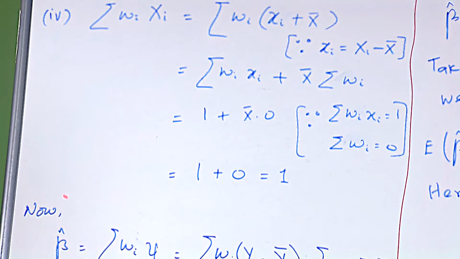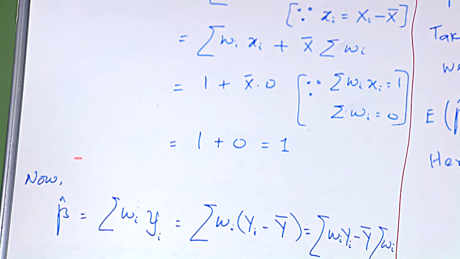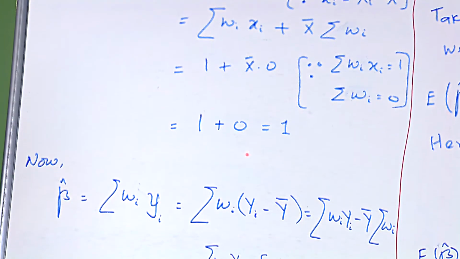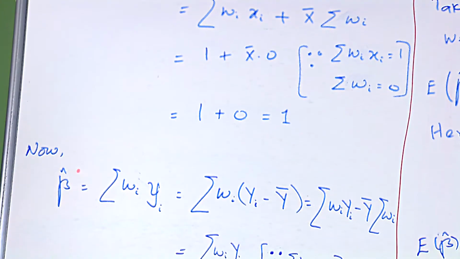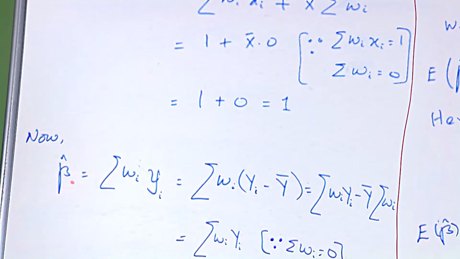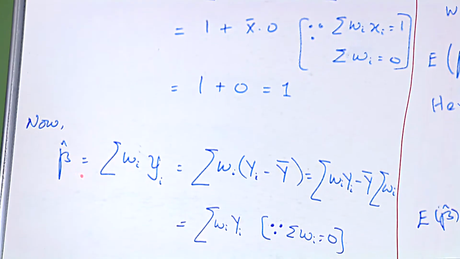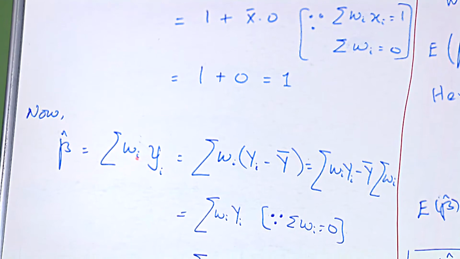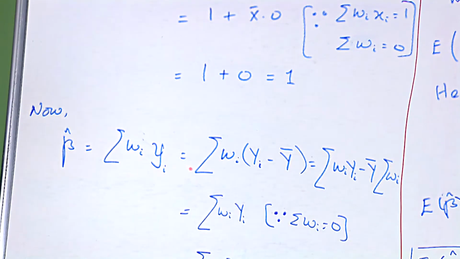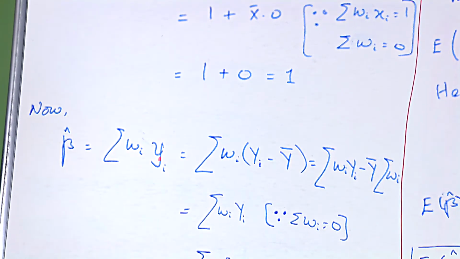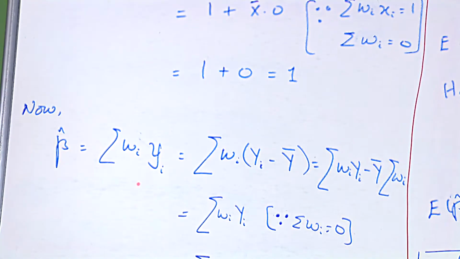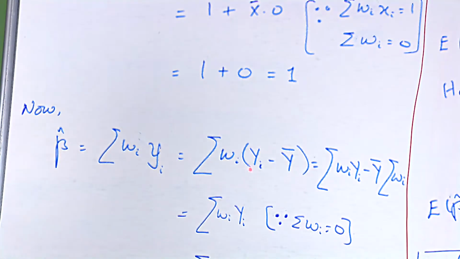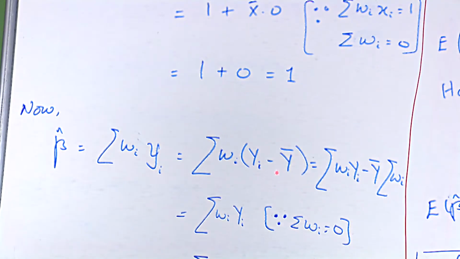Now after this, the characterization of wi, now we'll see the actual beta hat. Beta hat is equal to sigma wi small yi. This small yi may again be written as capital Yi minus y bar.